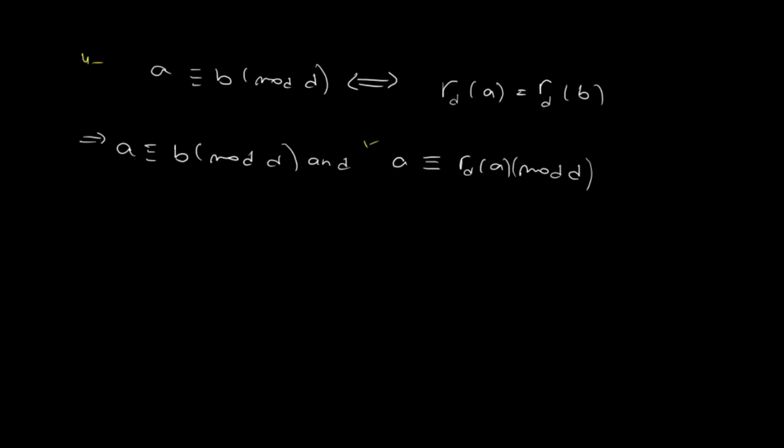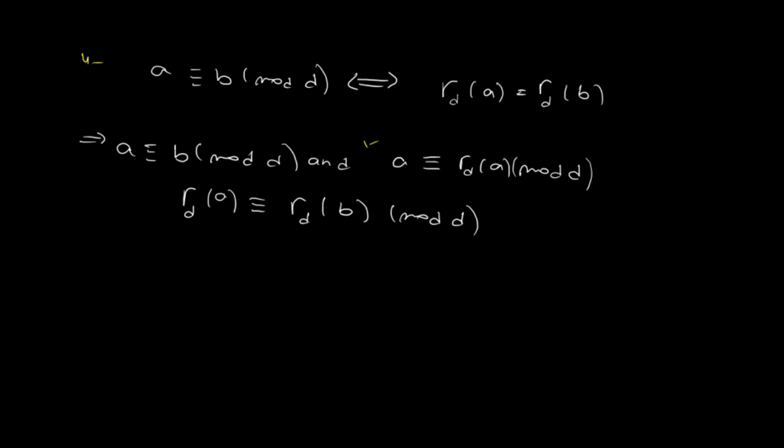Now for transitivity and symmetry, something that we proved in a previous video, we can know that the remainder in the division by d of A will be congruent to the remainder in the division by d of B modulo d.